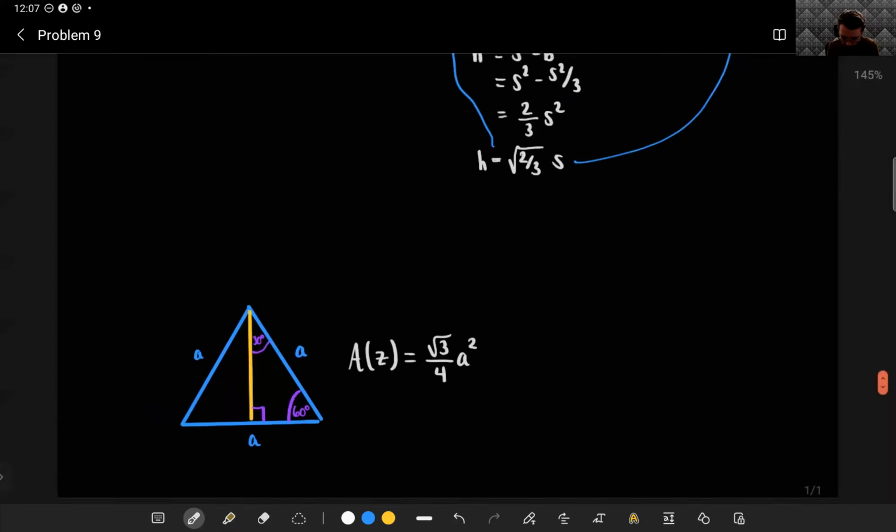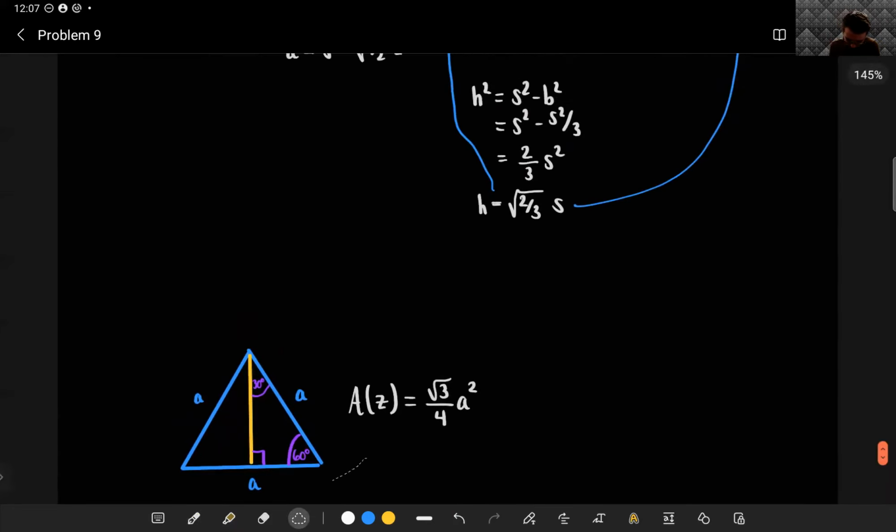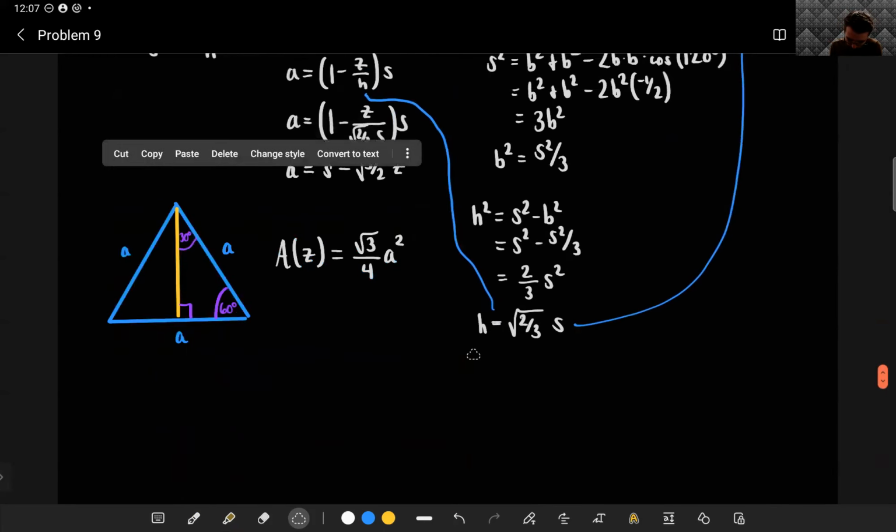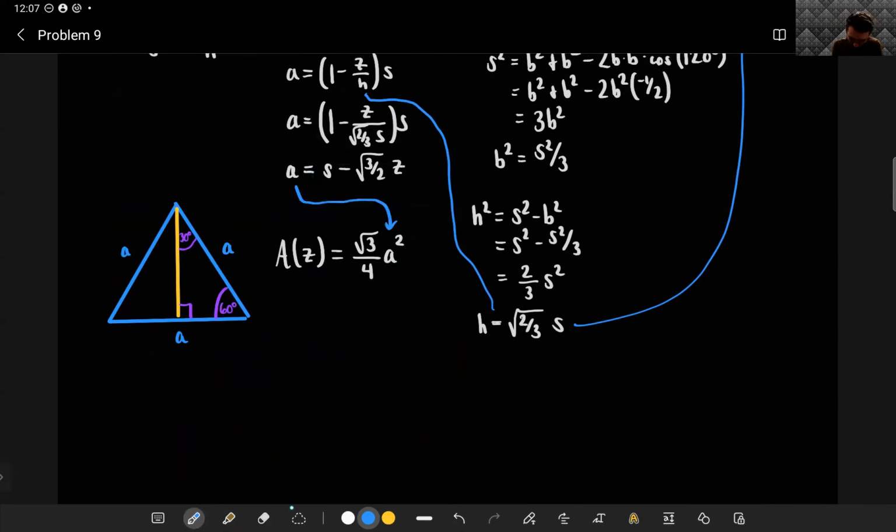And so all we need to do, let me just grab this and pull it up. All we need to do is plug that in here. Right, we know what A is, so let's plug it in. All of a sudden my area formula becomes √3/4 times s minus, so it's pretty ugly, that times z, whole thing squared.